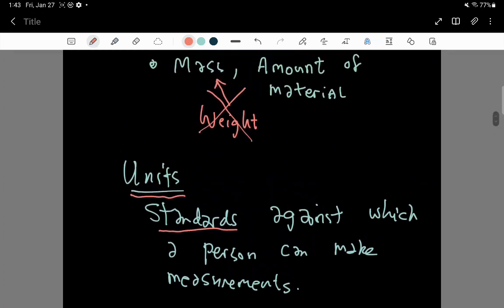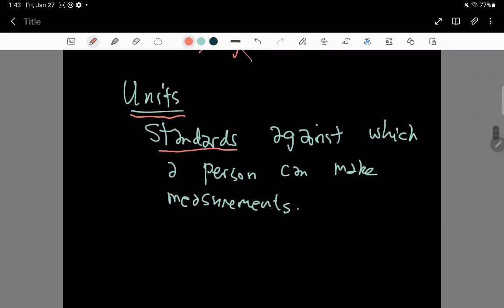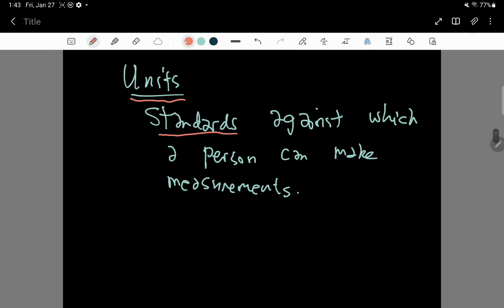So just like I gave you basic examples of dimensions, let me give you some basic examples of units. To measure length, we could use the unit of what's called the meter. And the meter is often abbreviated with just a lowercase m.